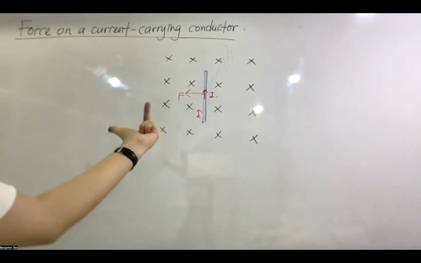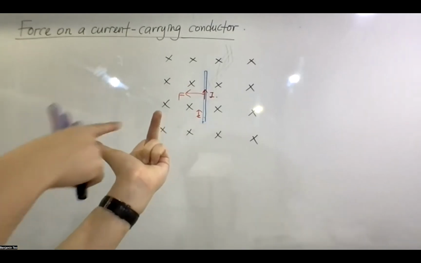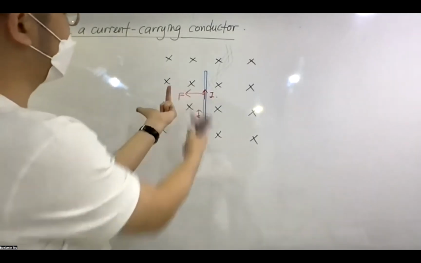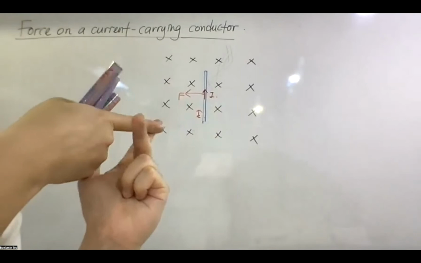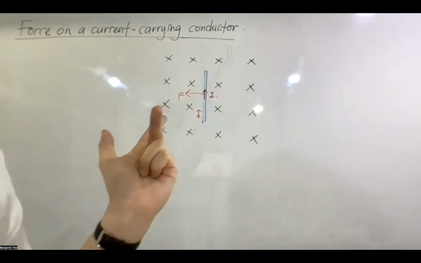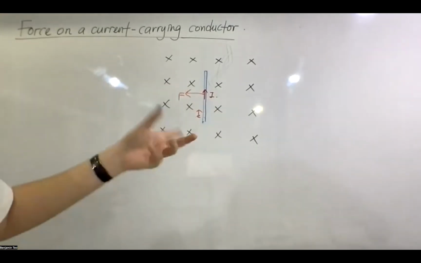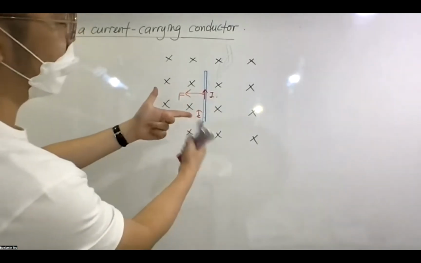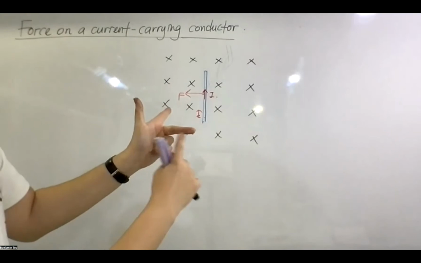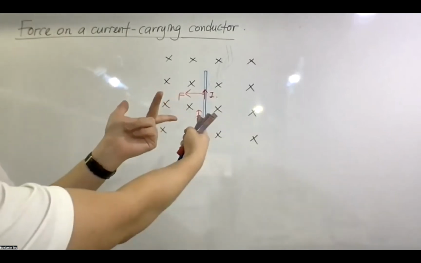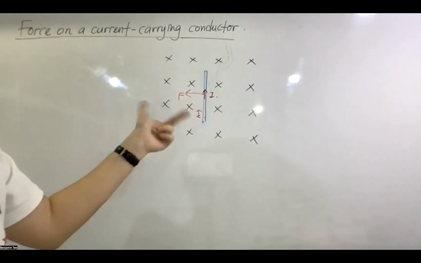Okay, not like this. When you align this one and this one, don't forget the first one that you have aligned. Some students never get the right direction. Why? Because after they align the first one, then they align the second one, they forget the first one should be pointing to the board.